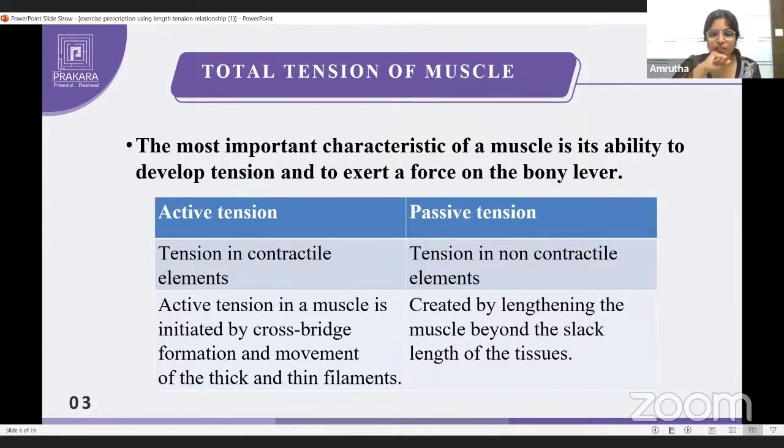Because in the optimal sarcomere length, I just told you, there are a few cross bridges that should be formed. If the bridges are not formed, my muscle is in a completely elongated phase. Whenever my muscle is in a completely elongated phase and no cross bridges are forming, there is some energy that is still keeping the actin and myosin together. Yes, there are different proteins that keep actin and myosin together.